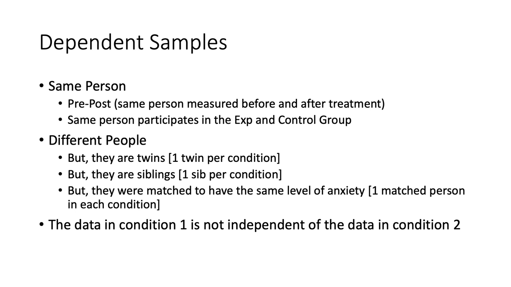So, how do you know that you have dependent samples or a within subjects design? Well, if the same person is in both your control and your experimental groups, then you know you have a dependent samples design. That's a fact. One of the most common ways is in a pre-post experiment. So before you do something, after you do something, you measure something.